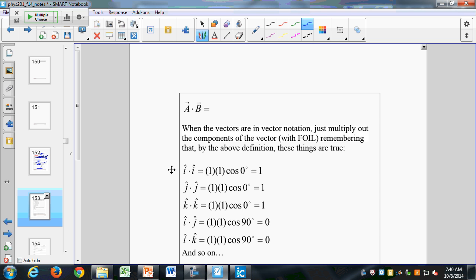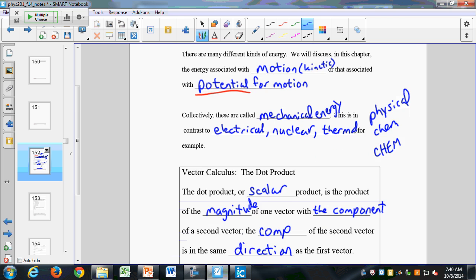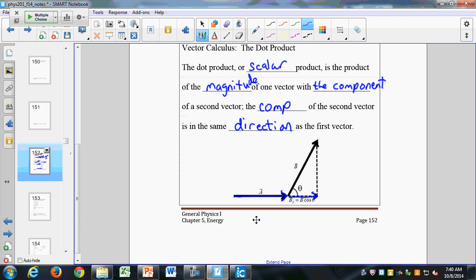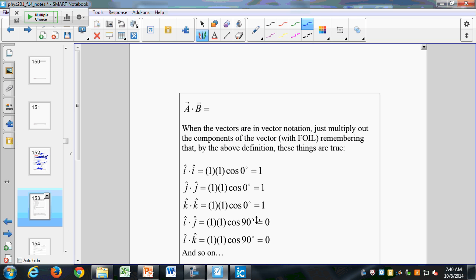Right, if you go back to this picture that we had on the previous page, we have the vector A and then the vector B cosine theta, which is the vector that's in the same direction as A. And so that's going to be our definition of A dot B. A dot B is going to be the magnitude of A times the magnitude of B times the cosine of the angle between them.